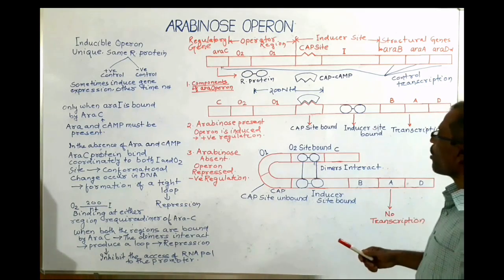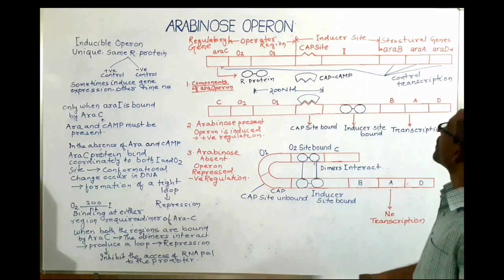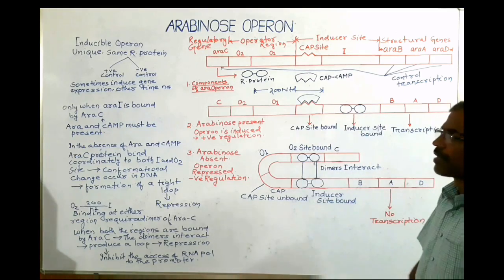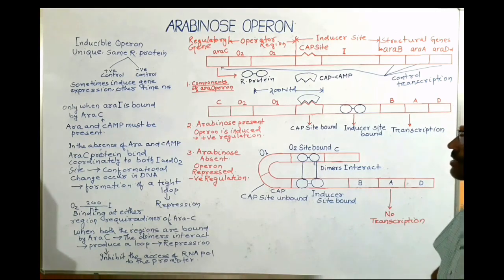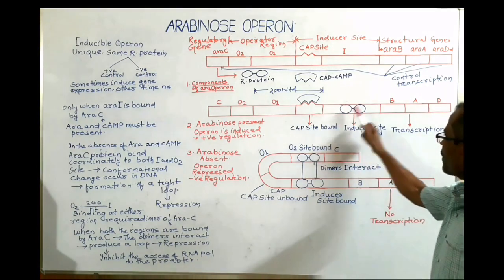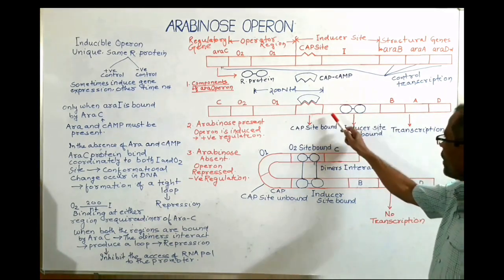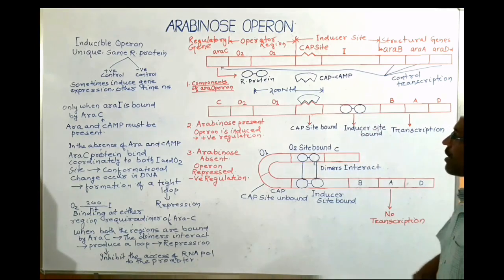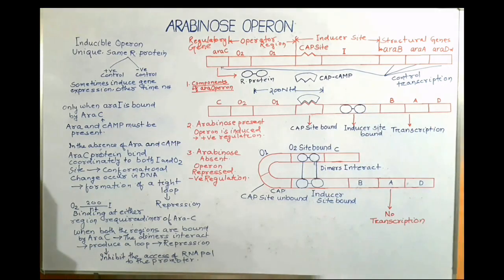For binding of this regulatory protein to the I site, arabinoids and cyclic AMP must be present. When the regulatory protein binds only with the I site, then the araOPERON is induced.